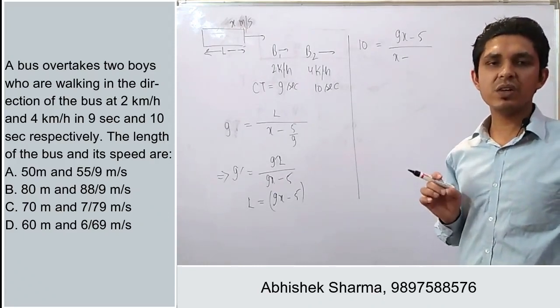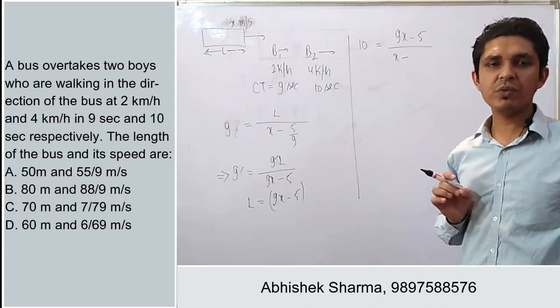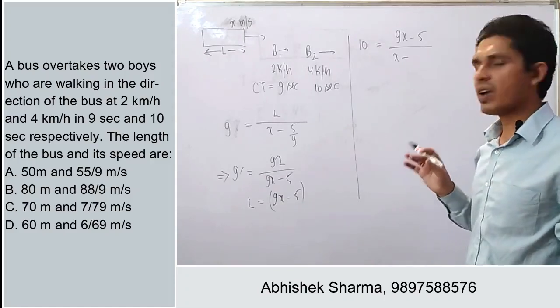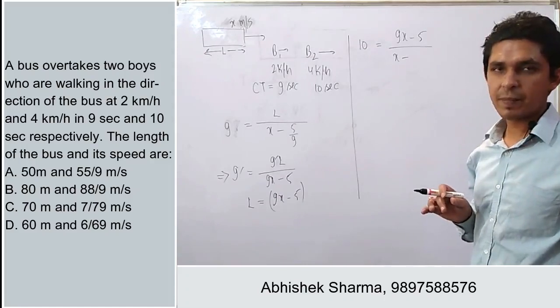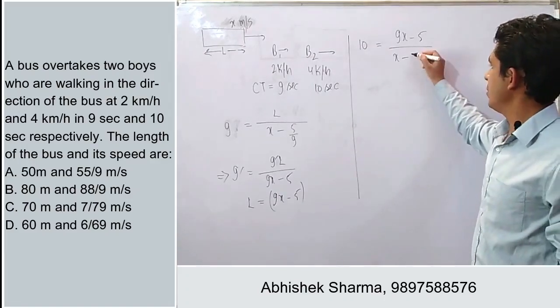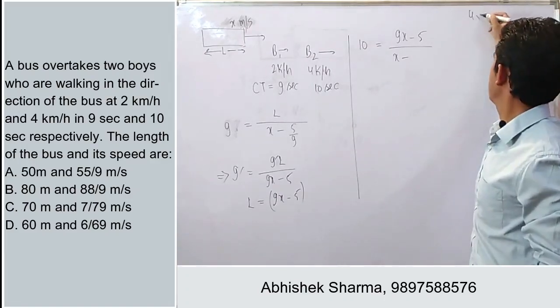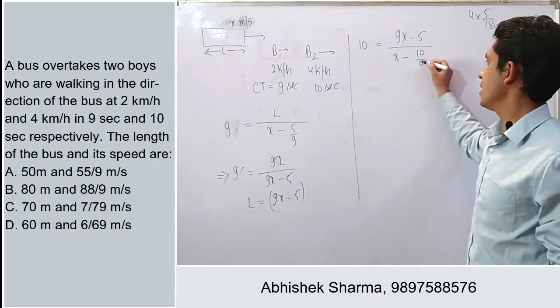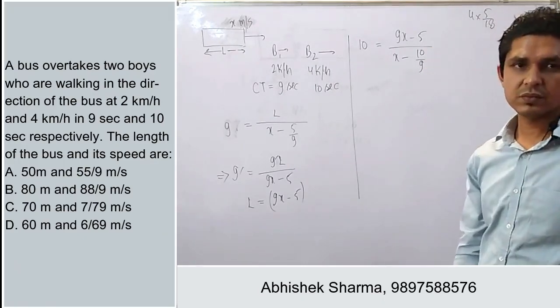Converting 4 km per hour into meter per second, multiply by 5 by 18, so this will be 10 divided by 9, right?